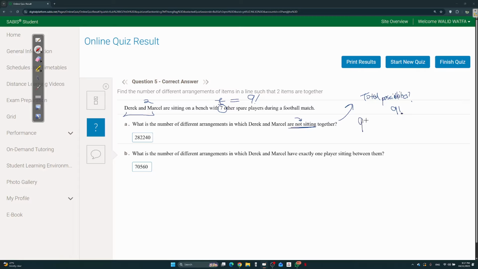I want to subtract from the 9 factorial the combinations if Derek and Marcel are together. Here's how to do it. If Derek and Marcel are together, you have this block of people.